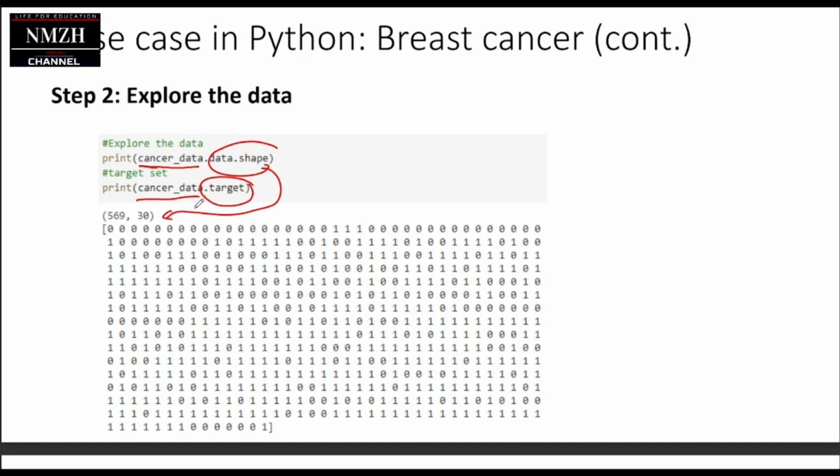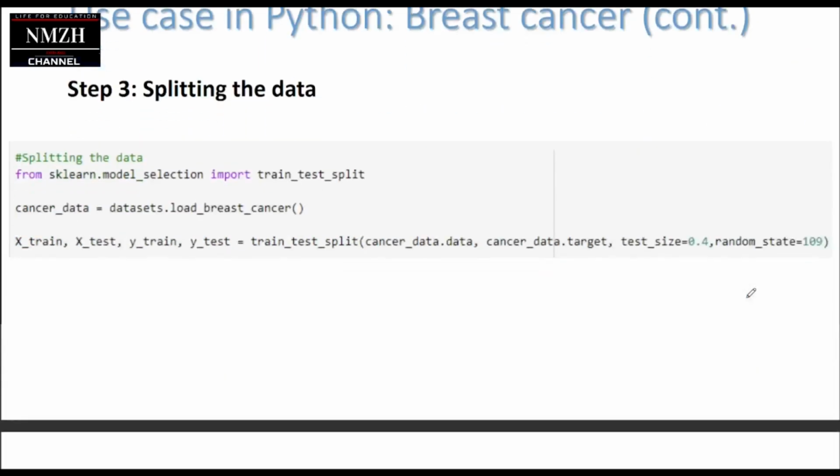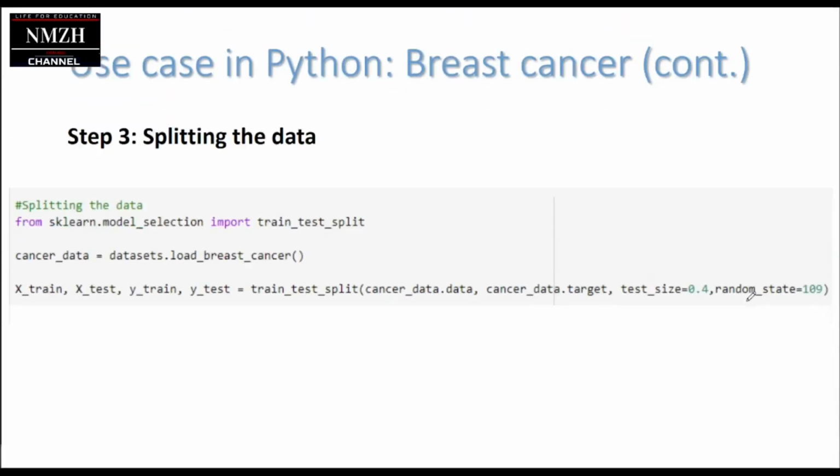Target means classes, guys. So the target we can say is 0 or 1. In this context, maybe it could be normal and cancer. So there will be 2 classes for the sake of this application. Okay, use case in Python.